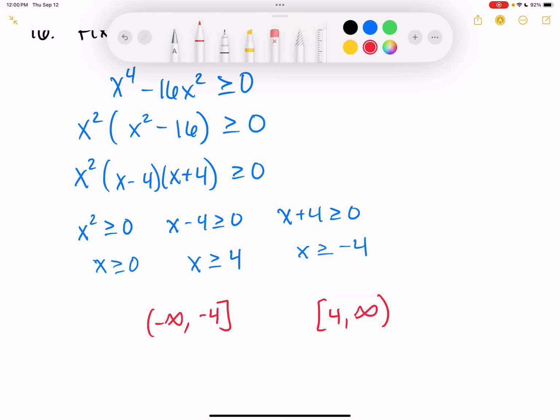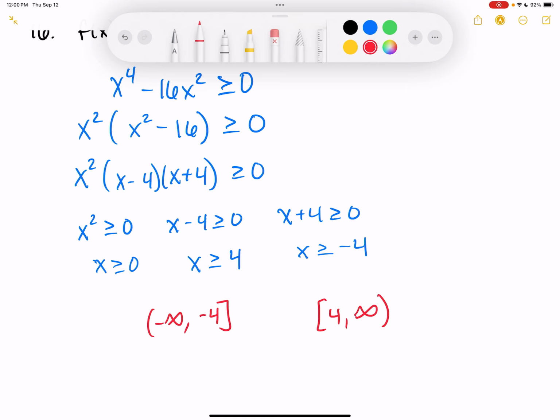Then -1. -1 to the 4th is 1 minus 16 times negative 1 squared, which is a negative number, so that interval from negative 4 to 0 doesn't work.